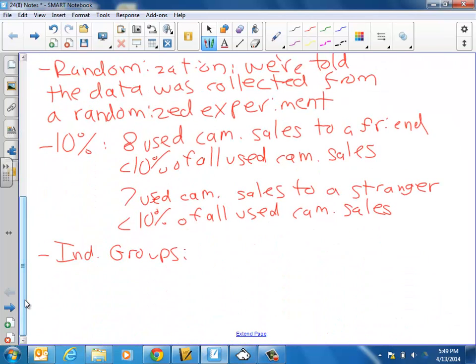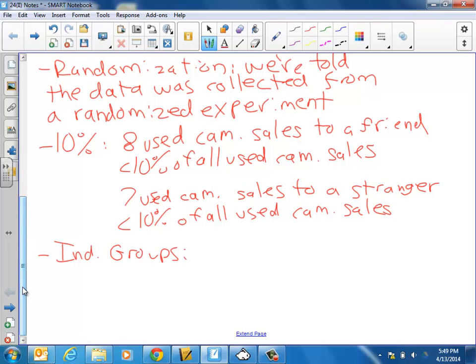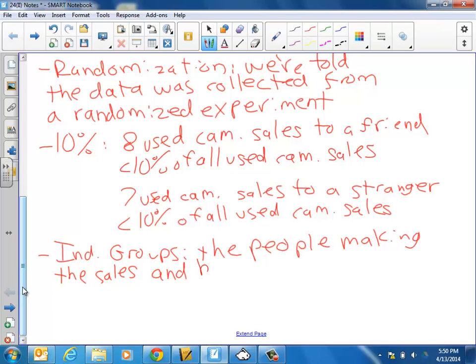These participants shouldn't know each other. So, okay, we'll say that the independent groups assumption is met because the people making the sales and buying the cameras were random.